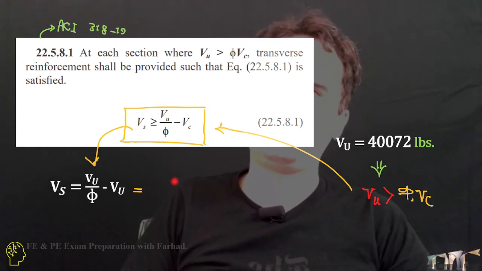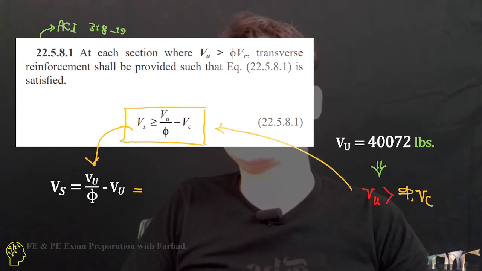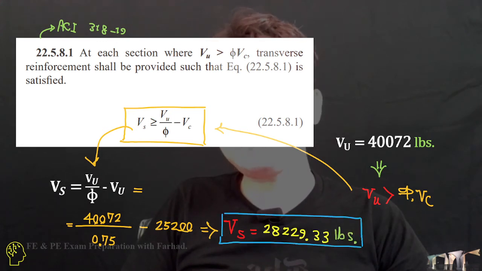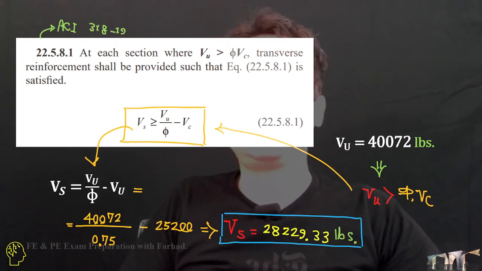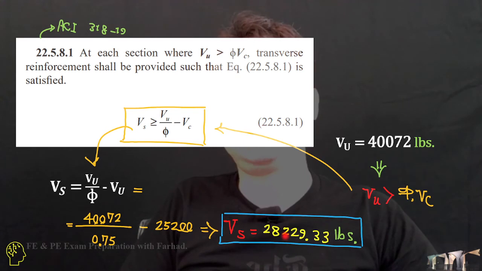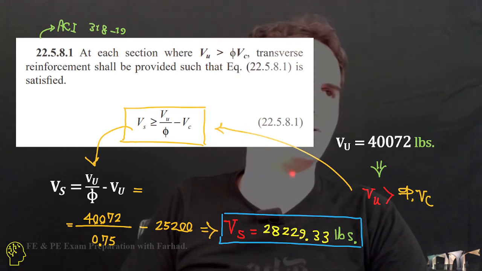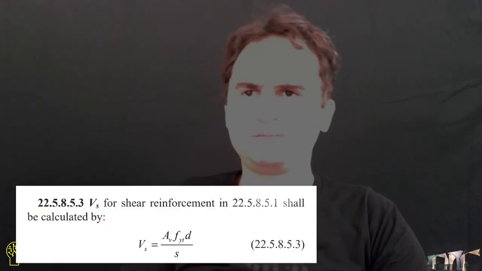22.5.8.1, and if you rearrange that, it gives us a Vs of almost 28,000 pound force.